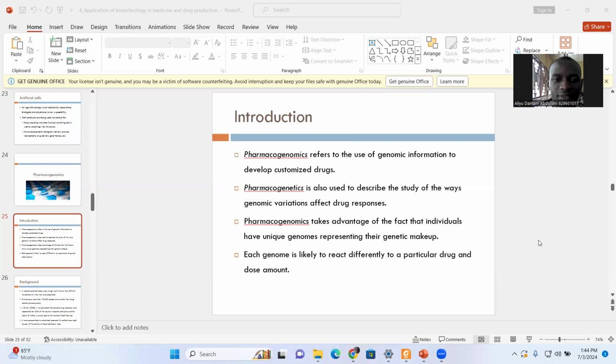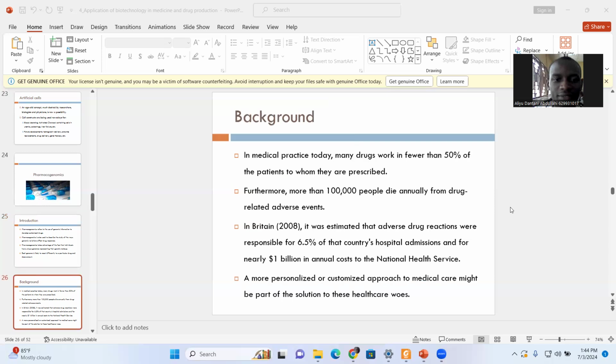Pharmacogenomics takes advantage of the fact that individuals have unique genomes representing their genetic makeup. Each genome is likely to react differently to a particular drug and dose amount. Of course, it makes sense, doesn't it?